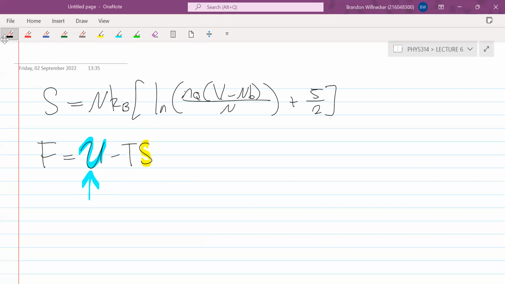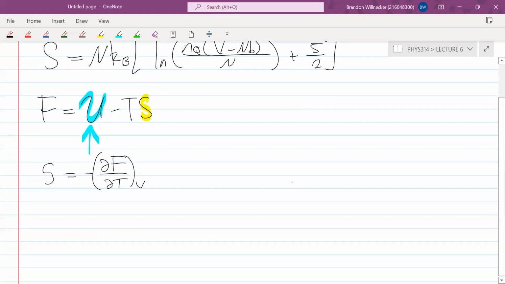We can find F using the fact that the entropy S is minus dF/dT if we hold V constant. So we can use this differential equation to find F. Once we have F, we can substitute it into the above equation and then find U.